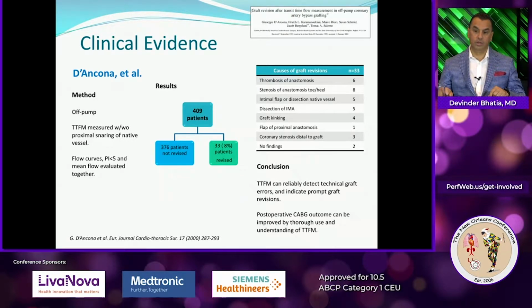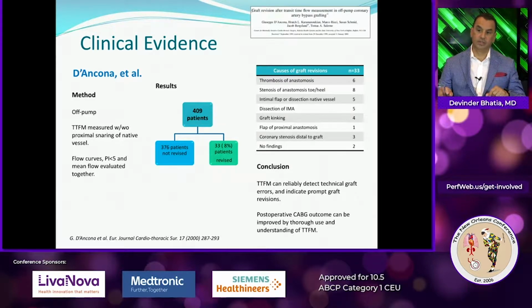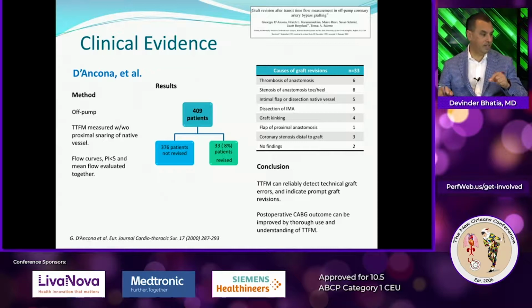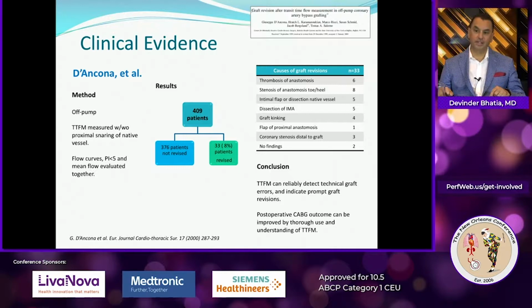There are various reasons for revisions on the slide as well: thrombosis of the anastomosis, stenosis of the toe or heel, 8 patients, intimal flap or dissection of the native vessel, 5, and it goes on and on. But most importantly, had they not looked at that with the flow probe, 33 patients or 8% of them would have gone to the recovery room with substandard bypasses.